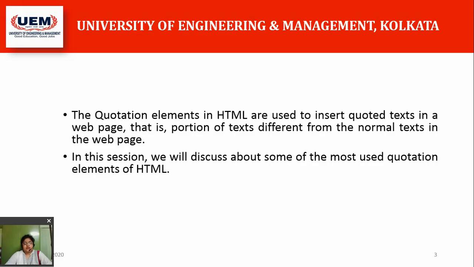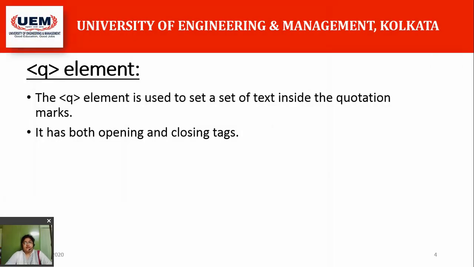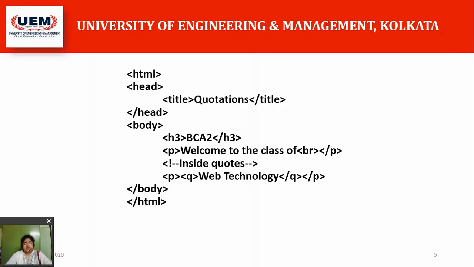In this session, we will discuss some of the most used quotation elements of HTML. The very first element for quotation is the Q element. The Q element is used to set a text inside quotation marks. It has both opening and closing tags. So this is the example of the Q tag.